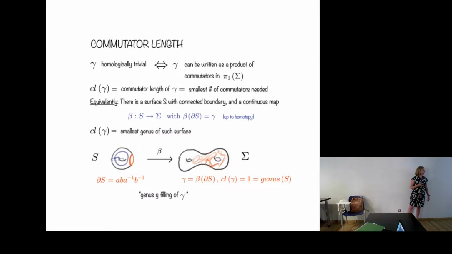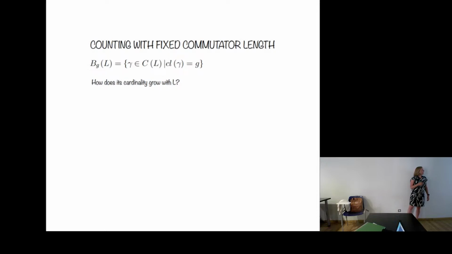Okay. So what I'm going to talk about today is B_G(L), the subset of the closed geodesics of hyperbolic length L that has commutator length exactly G. And we want to see how the number of such things grows as L grows. So G stays fixed, but L grows.